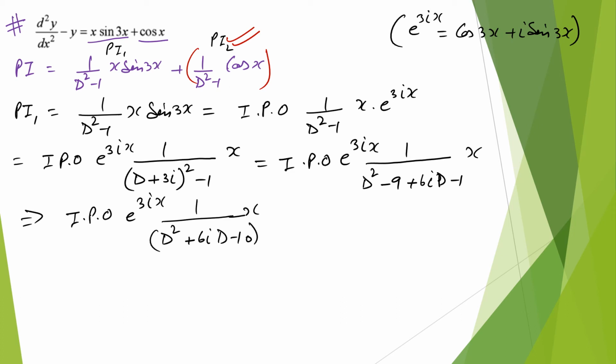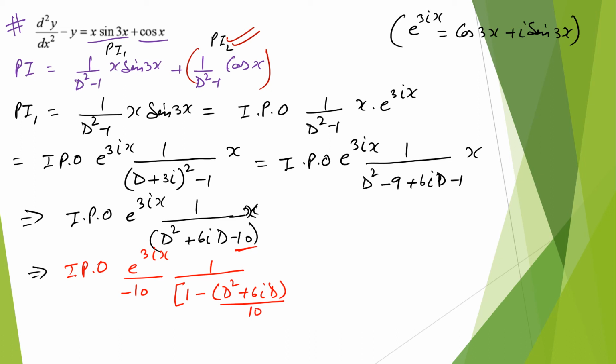Now we have to solve it by using binomial expansion. So we take the lowest coefficient value of d from the denominator, that is minus 10. So the imaginary part of e to the power 3 iota x over minus 10 and 1 over 1 minus d square plus 6 iota d over 10, and x.